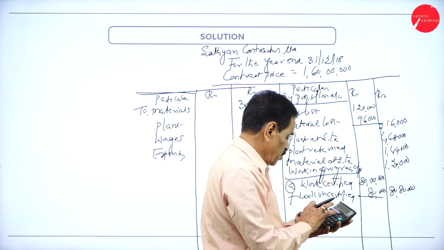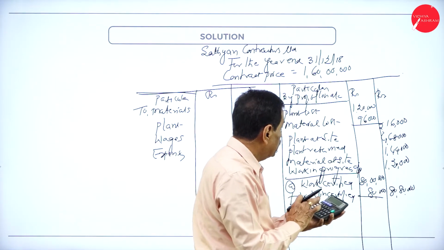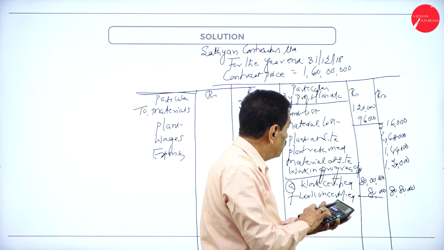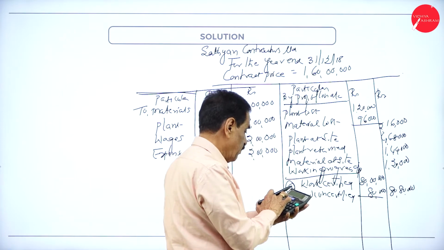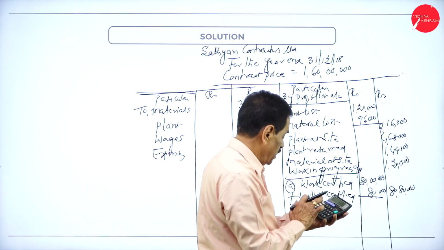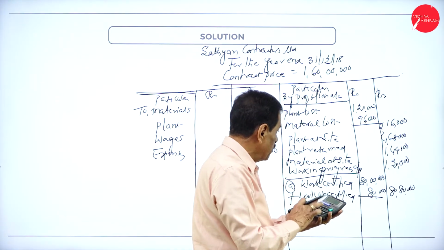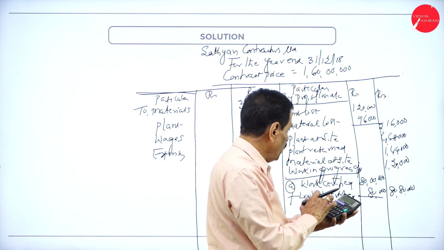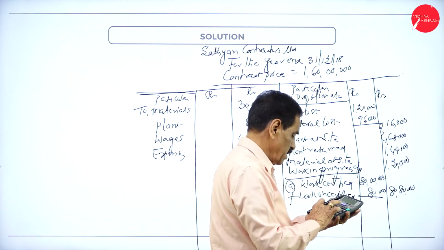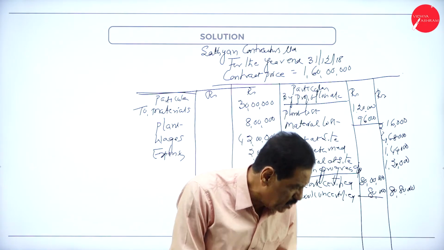This is 2,16,000 plus 4,68,000 plus 1,44,000 plus 1,20,000 plus 80 lakh 80,000, which gives 90 lakh 28,000.